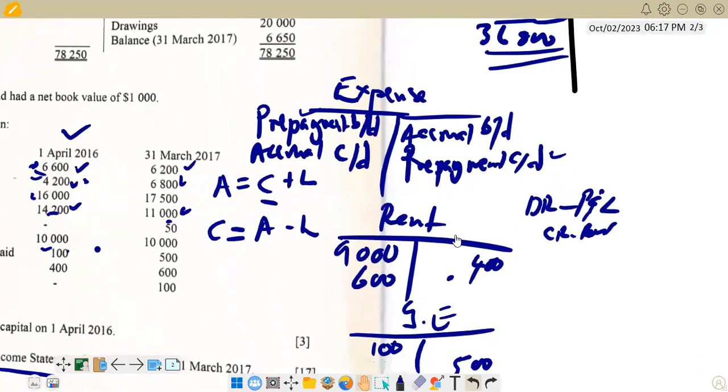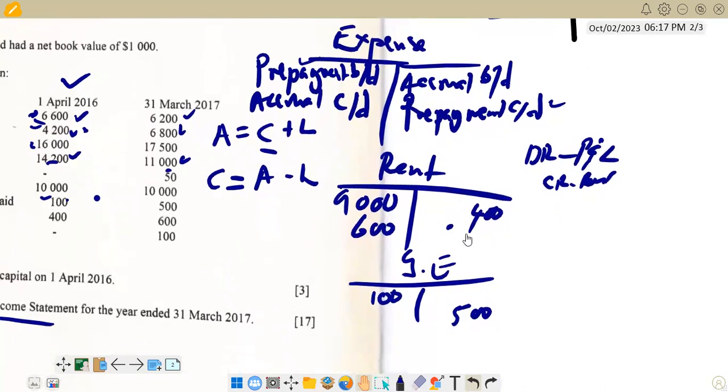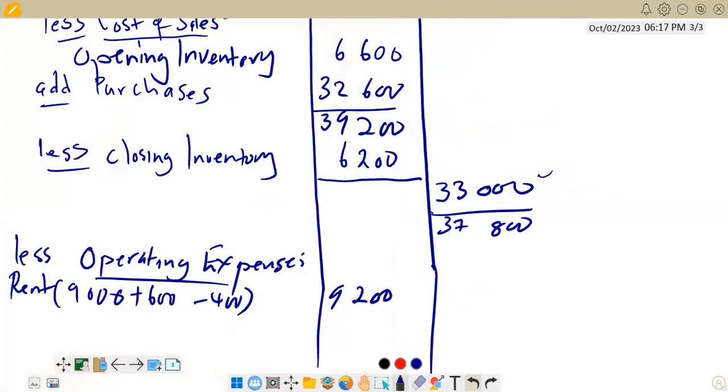Remember the double entry, we said we debit the expense account when money is paid. So we've got 2,900 on the debit side. So the amount that we want is here, the balance figure. We are going to say 100 plus 2,900 minus 500. That's the working that we are going to summarize for general expenses.